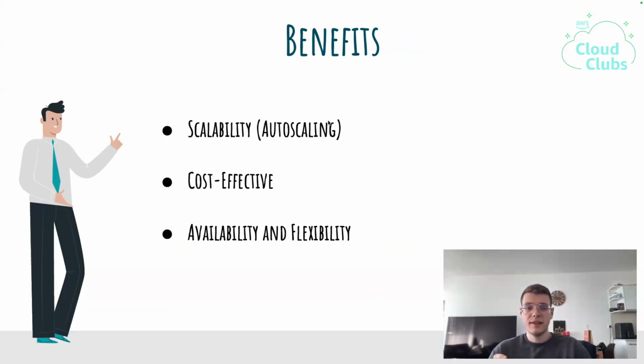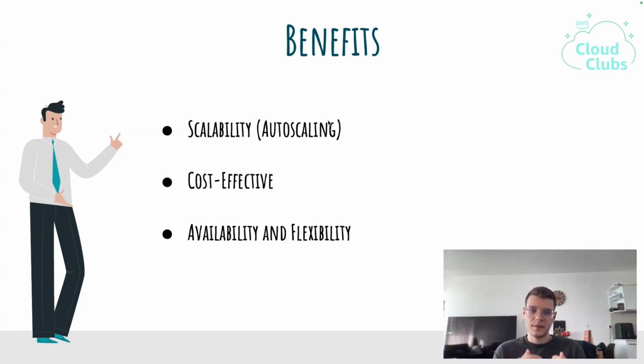And finally, what are the key benefits of using ECS? Of course, first of all we're talking about the auto-scaling capability and scalability as a whole. We can scale up and down based on some load, some traffic, or whatever. Which can be really cost effective as well, because first of all, containers are lighter than EC2 instances, and we don't really need to allocate some CPU or memory in advance.